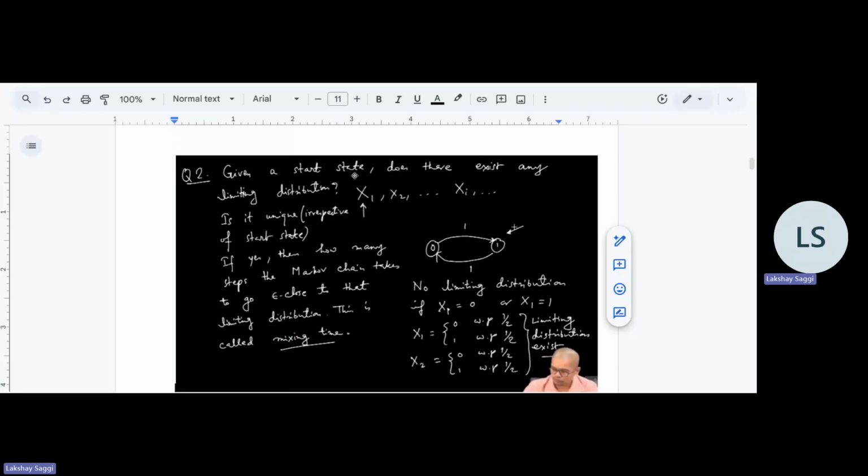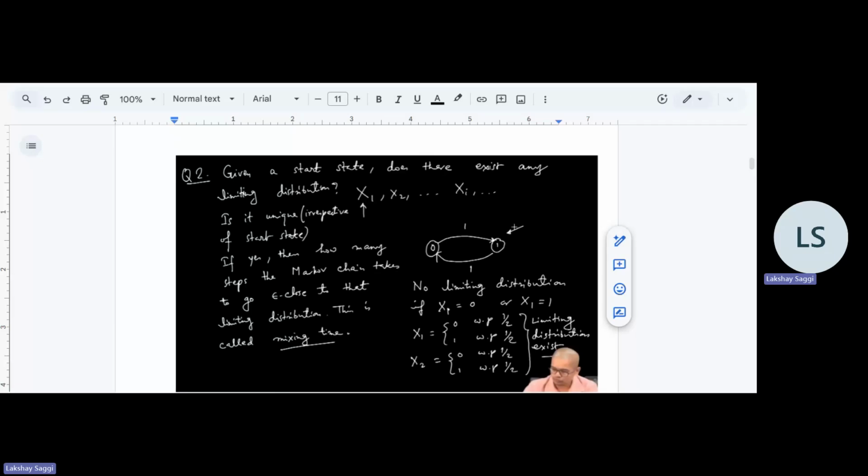And before even uniqueness, the existence of a limiting distribution is not guaranteed in a Markov chain. This example was covered in the lecture. Consider a Markov chain with two states, 0 and 1. From 0 you transition to 1 with probability 1, and from 1 you transition to state 0 with probability 1.